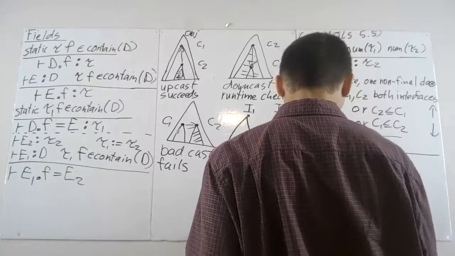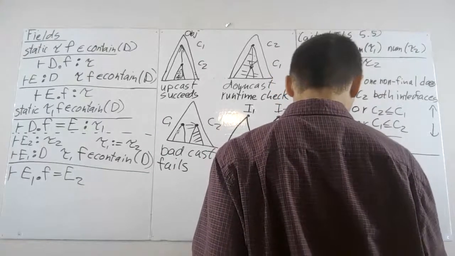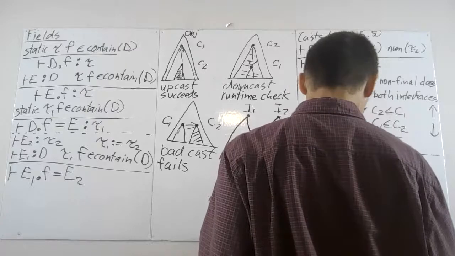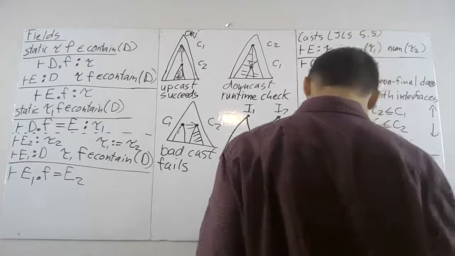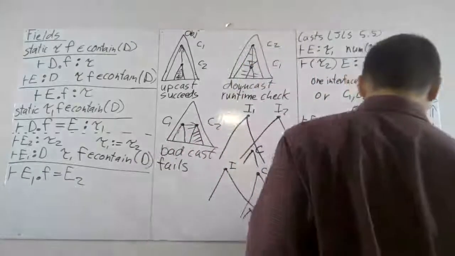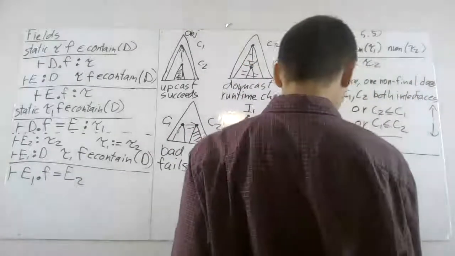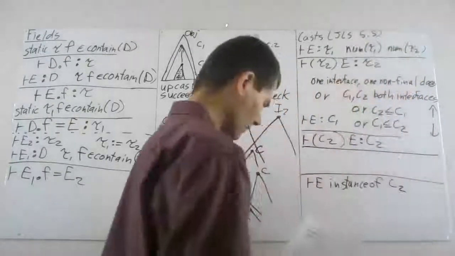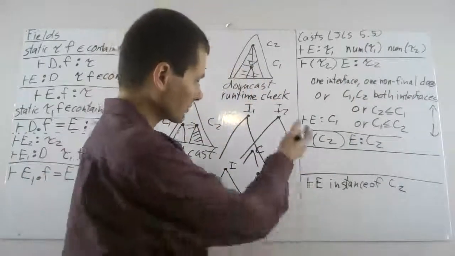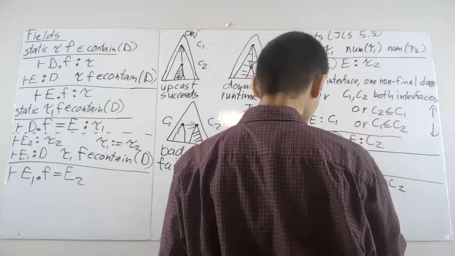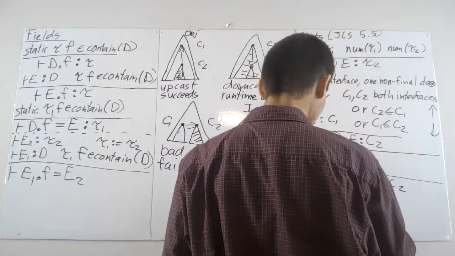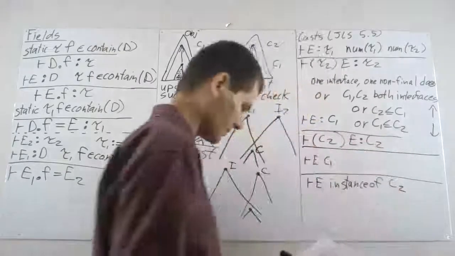So I'm going to say, if I have some expression E, you can say E instanceof C1, and I'm going to say instanceof C2. As always, we're going to type check E, so we're going to see what the type of E is.